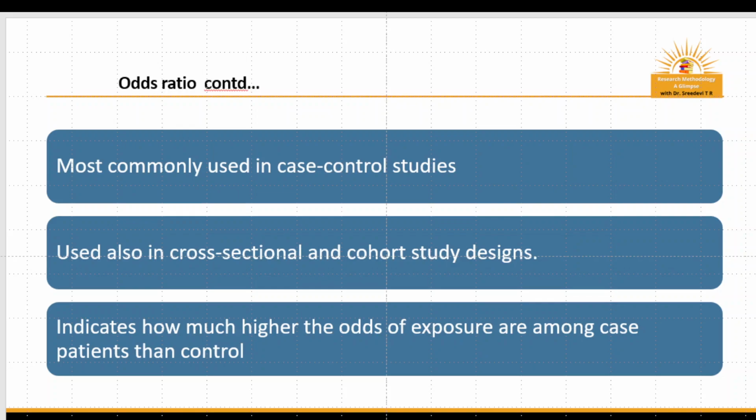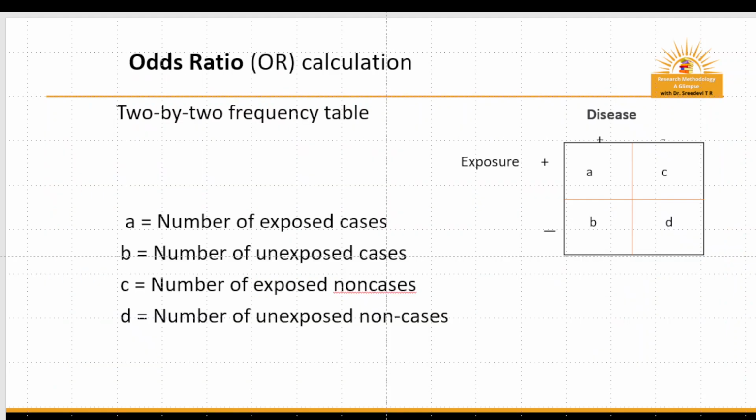Now, we will come on to how odds ratio is calculated. Calculation of OR. Odds ratio is calculated using a 2 by 2 frequency table. In this picture, the frequency table is shown.